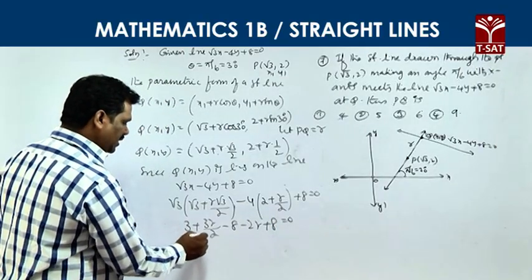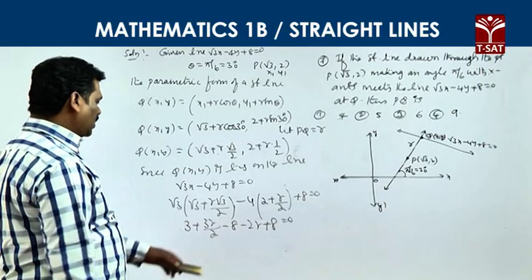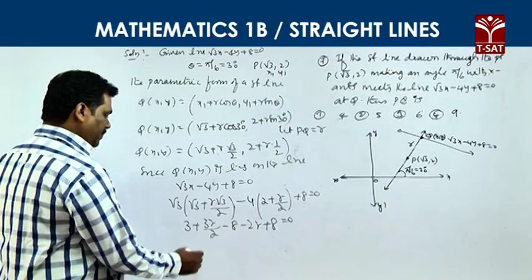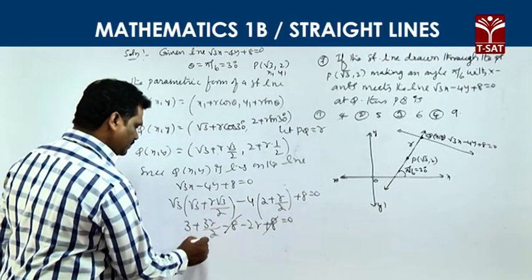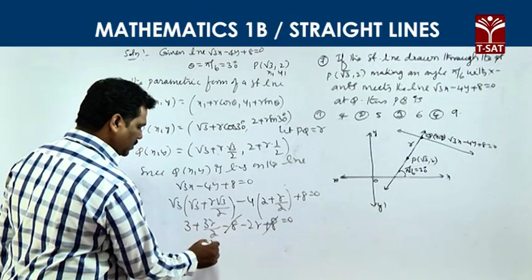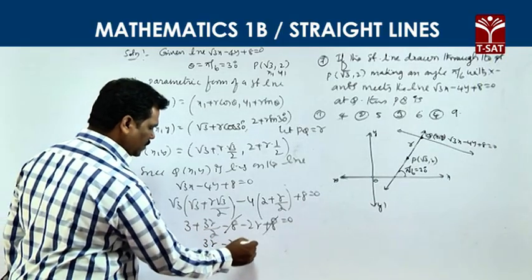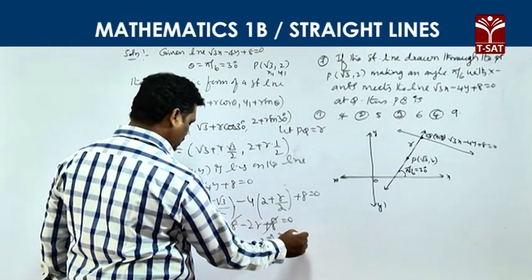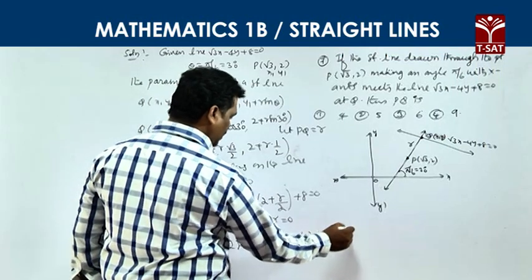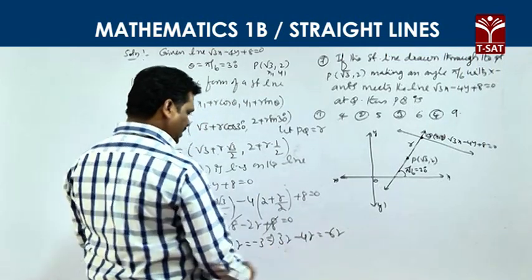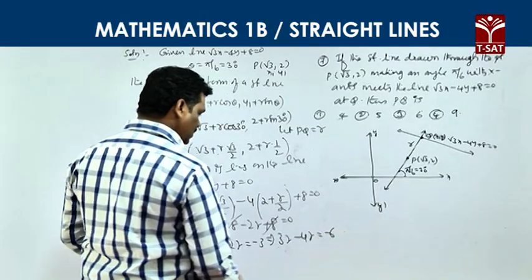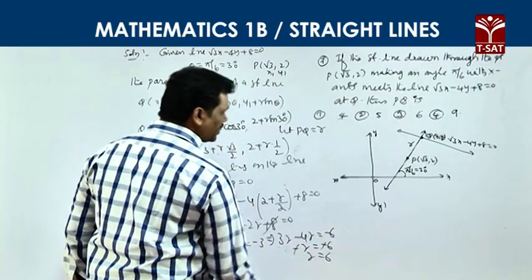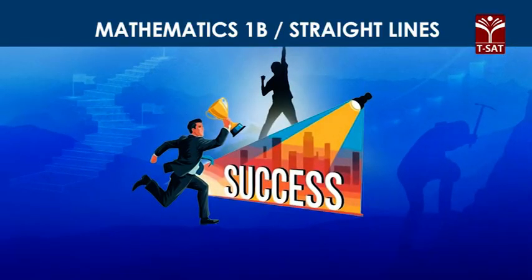The minus 8 plus 8 cancel. 3r by 2 minus 2r equal to minus 3, and 3r minus 4r equal to minus 6. So minus r is equal to minus 6. So here r equals 6. Answer is 3.